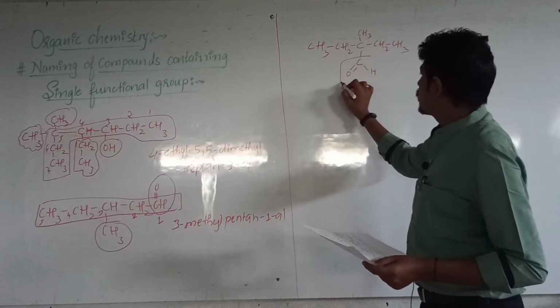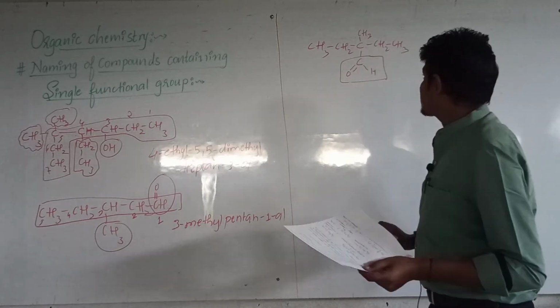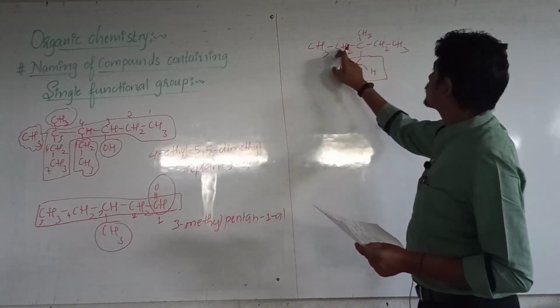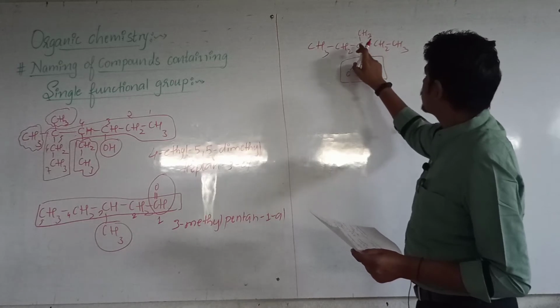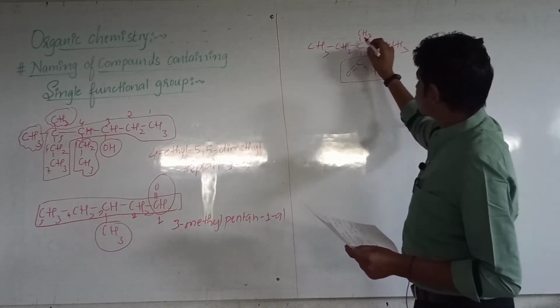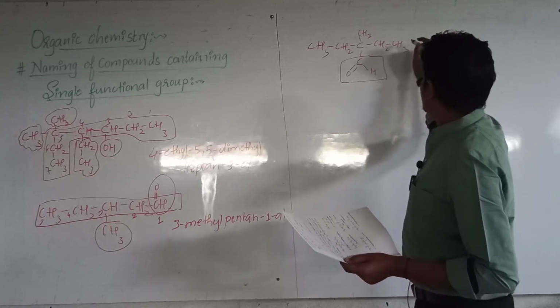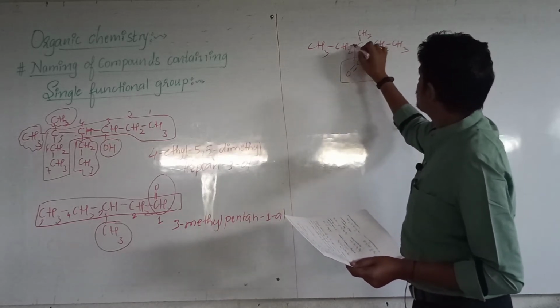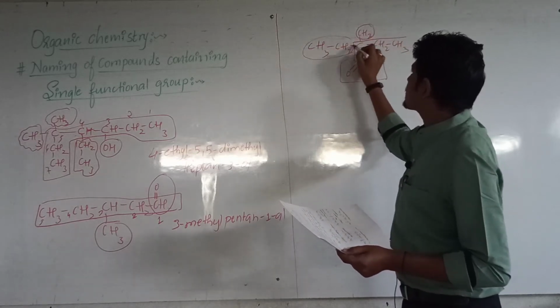This is your functional group, isn't it? Aldehyde, again C double bond O and H. Then select the parent chain 1, 2, 3, 4. Or 1, 2, 3. This is rejected. 1, 2, 3, 4. So this is your functional group. This also you can go, this also you can go. If I choose it like this, then there are two functional groups, one is this and one is this.